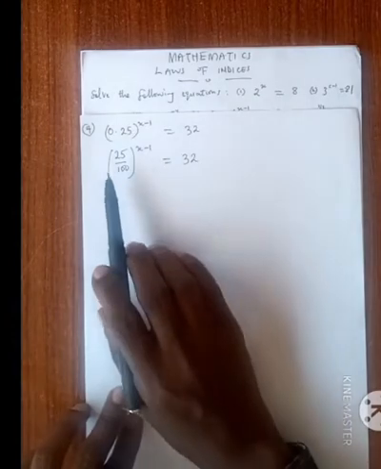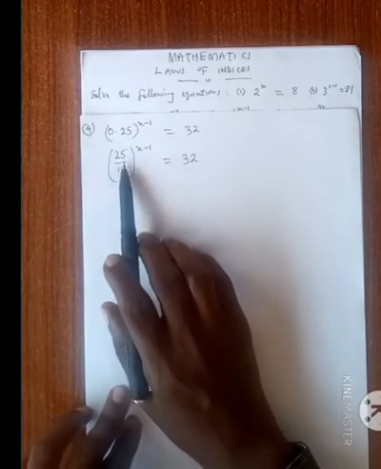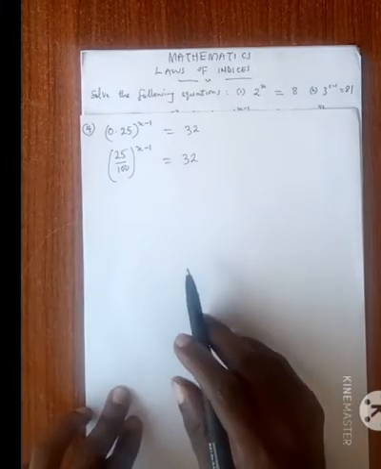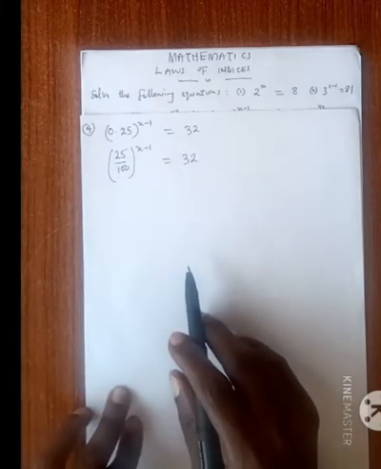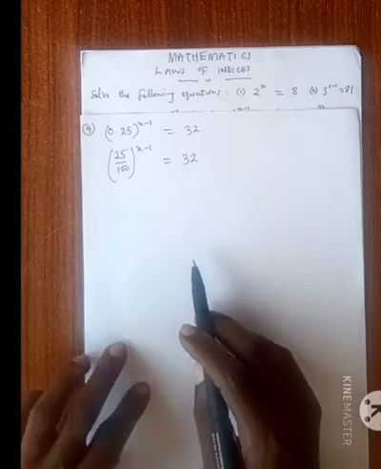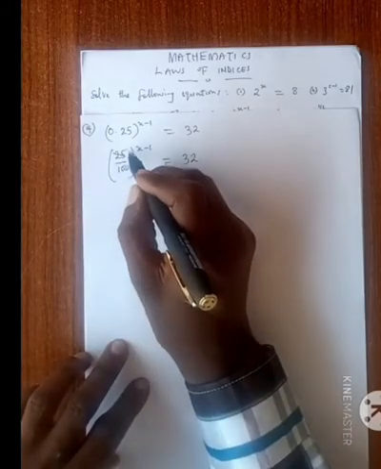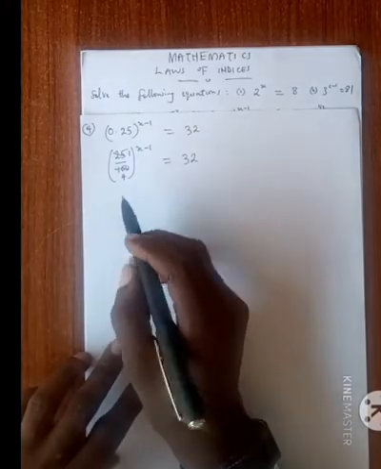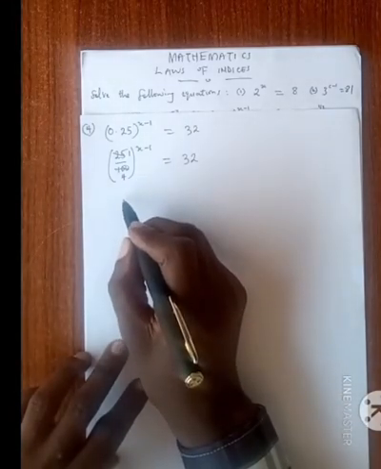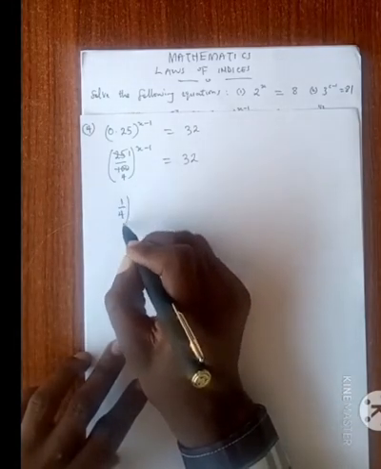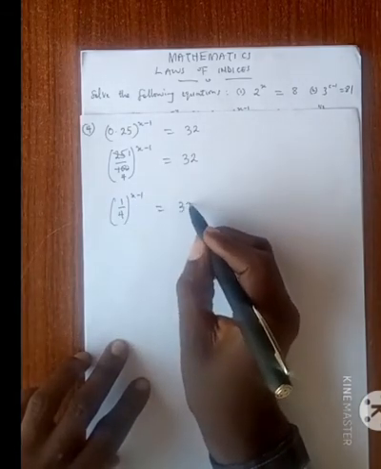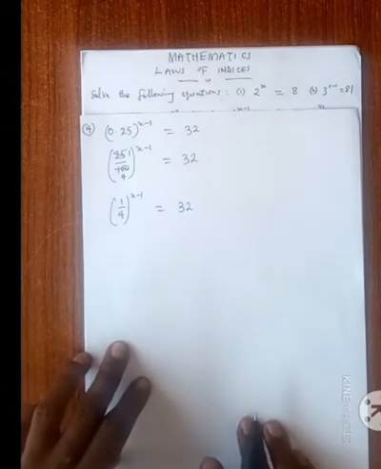Now, once there are common factors to numerator and denominator here, that has to be adjusted first before we think of applying any rule of indices. And we can see that 25 in 25 here gives 1, 25 in 100 here gives what? 4. So the result I have here can be rewritten as 1 over 4 raised to power x minus 1 is equal to 32.